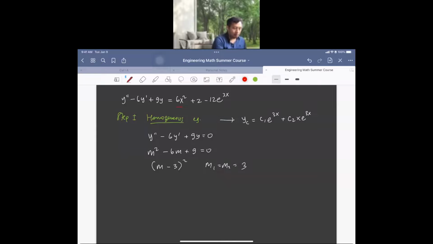Now we are going to see the part here. Okay. So step 2, observe the g of x, which is usually called g of x, the right side.